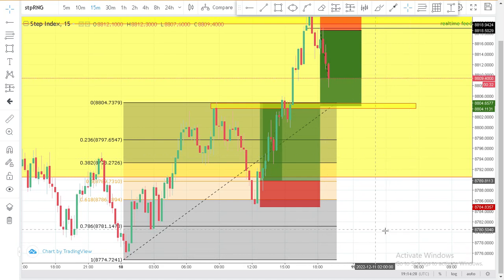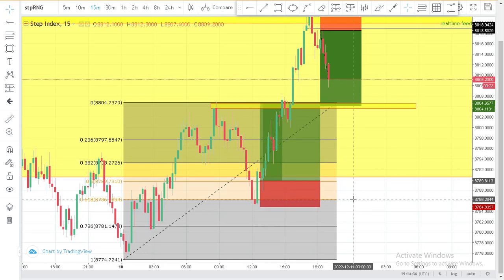Mind you, these setups are for scalping, guys. It's not for day trading, because the market is consolidating and it's not wise to trade when the market is consolidating. Those are the things that you should avoid, because it will become a habit.